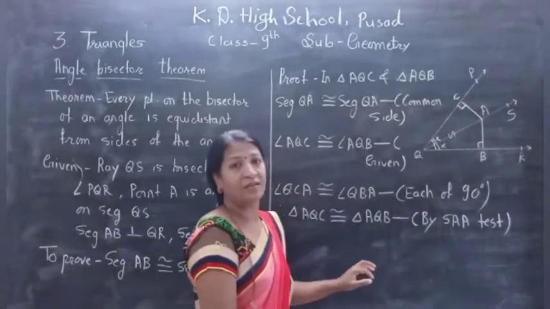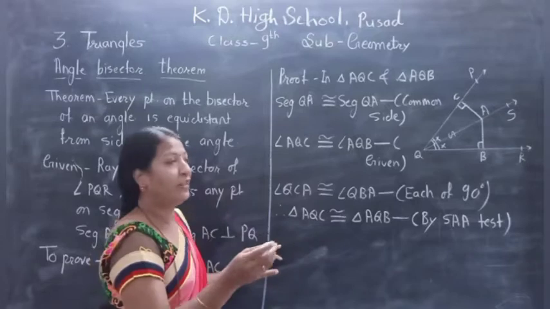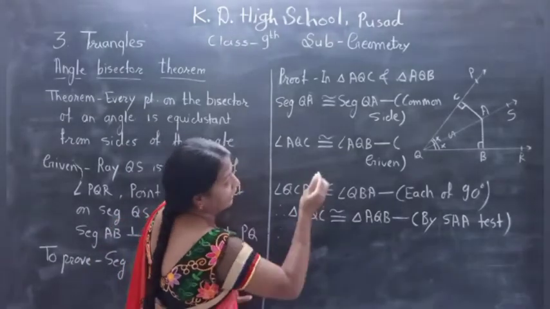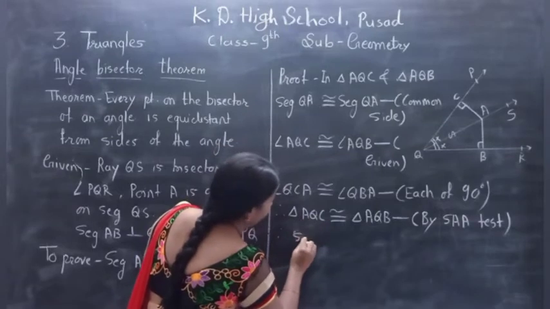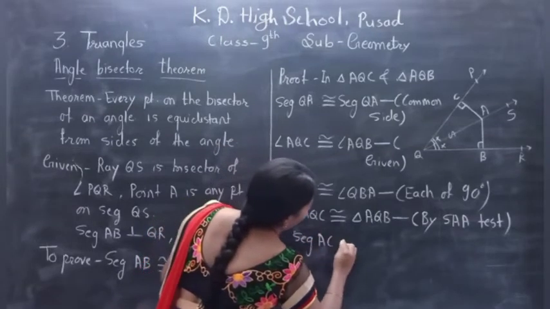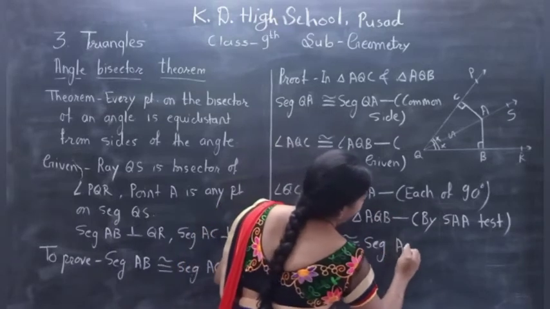So if two triangles are congruent, their corresponding sides are also congruent. Therefore, segment AC congruent to segment AB. That we have to prove.